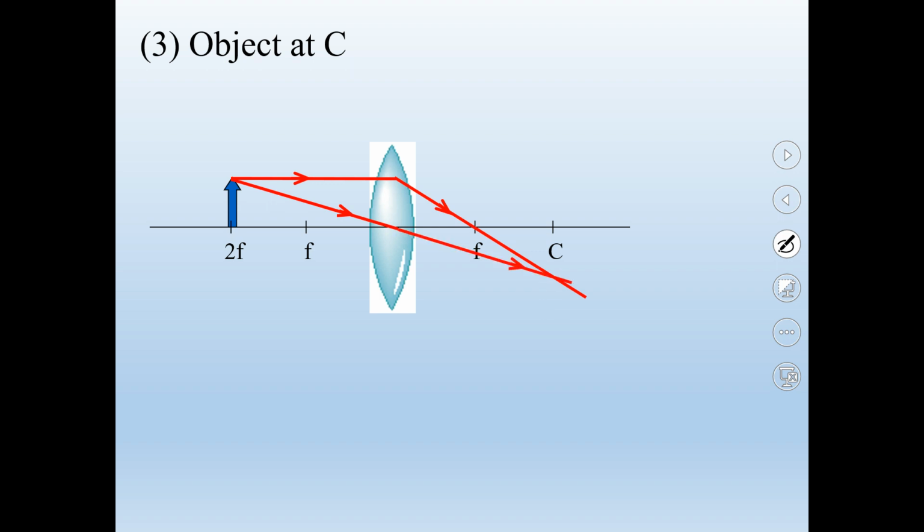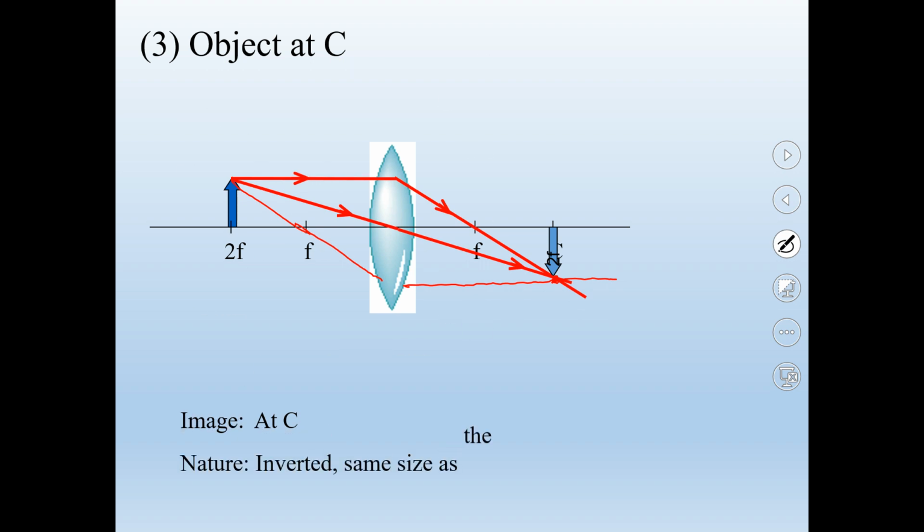And we send the third light ray, though normally two rays are enough. If we send the third ray through the focus point, it moves parallel to the principal axis. The image position is at the center point, and the image is inverted, the size is equal, and the image is real.